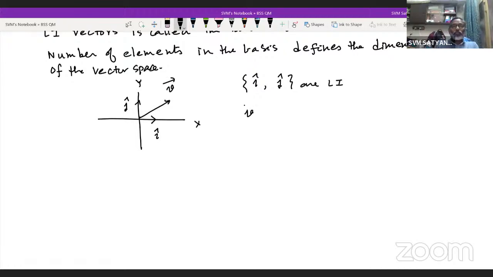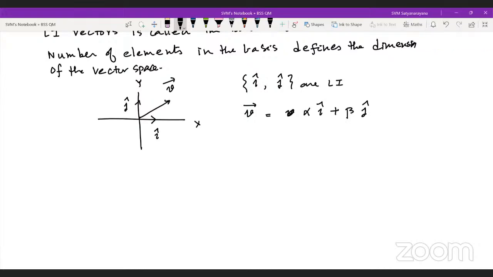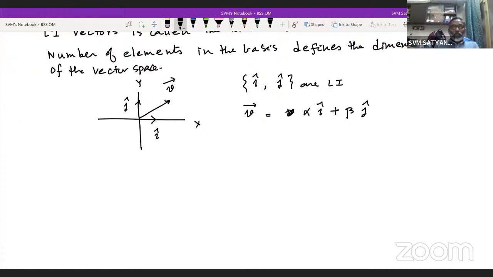I can write this v as some alpha times i cap plus beta times j cap, correct? And these alpha and beta are called the x component, y component, and things like that, right? So alpha and beta belong to this F.